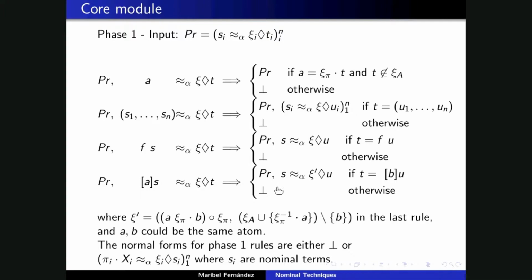If all goes well, these rules terminate. You can easily prove that they terminate. As I said, they go over the syntax of the term and they go down the term, simplifying the problem.